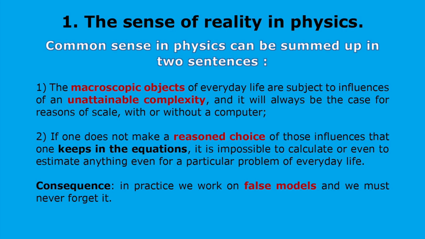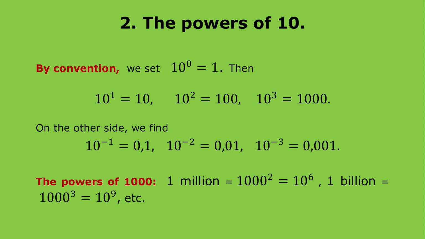Point 2. The powers of 10. In the Western world, which has been leading the science boat for about 3 centuries, and especially since the French Revolution, we used to count and calculate in a decimal numeration system whose origin is quite simply the number of fingers of our 2 hands.